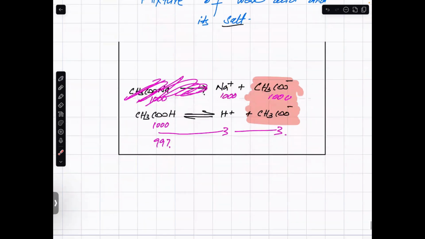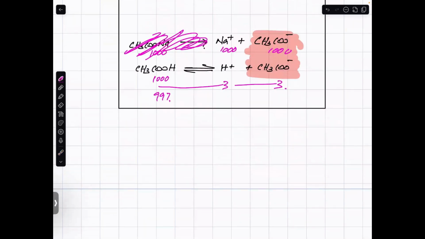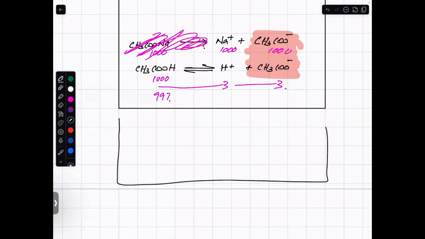So what is happening in your container? In your container, the final situation is this. The acid is almost unionized, and the conjugate base is all coming from salt.